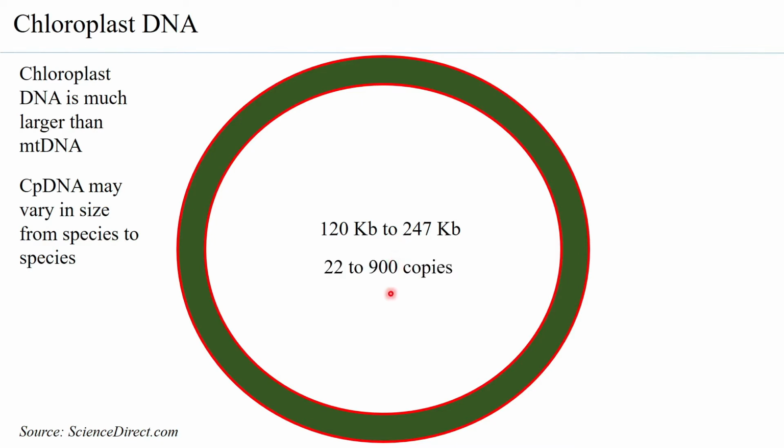Interestingly, the number of chloroplast DNA copies within a chloroplast can also vary from 22 to 900 copies. For example, in response to light, it may be possible that the number of copies increases under certain conditions.